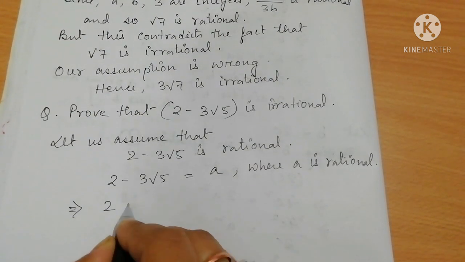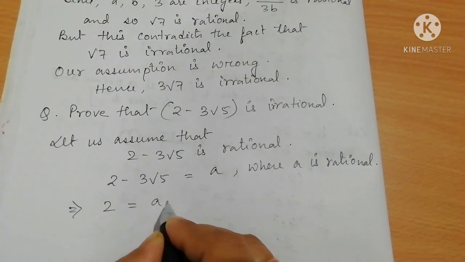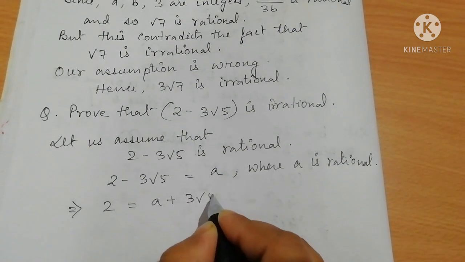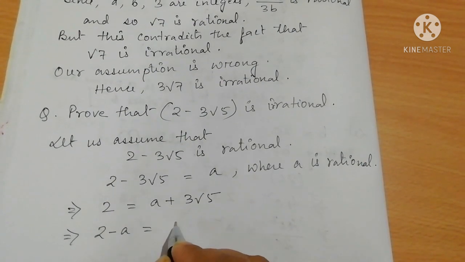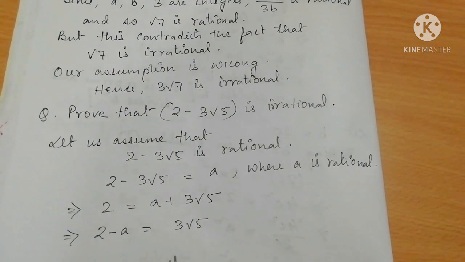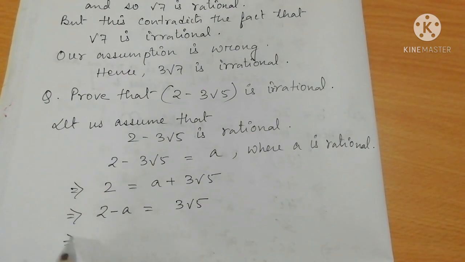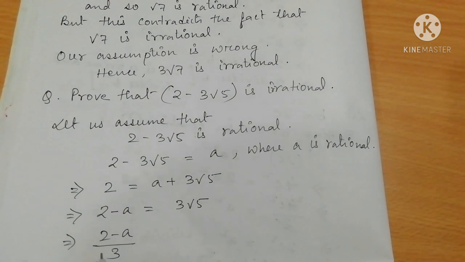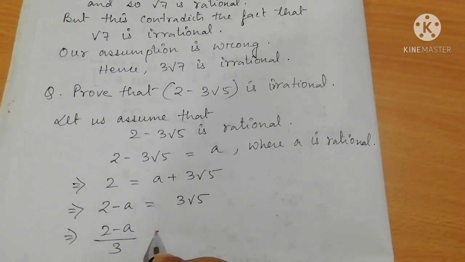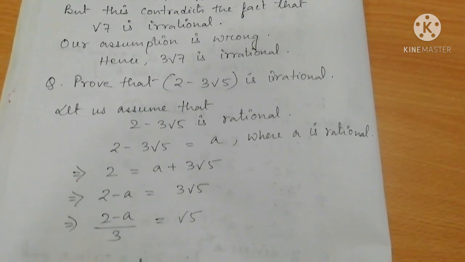So 2 equal to a plus 3 root 5. So we can write 2 minus a equal to 3 root 5. 2 minus a by 3 equal to root 5.